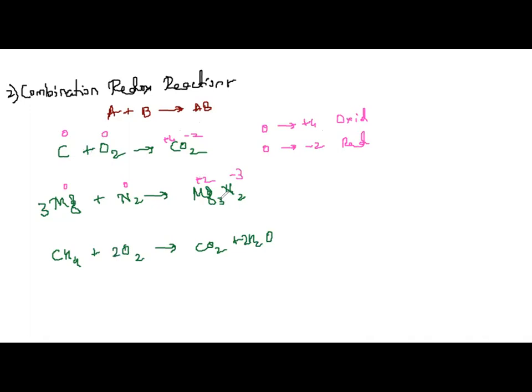See, plus 2 into 3 is plus 6, minus 6 goes to that side, minus 6 divided by 2 is minus 3. So zero oxidation state, magnesium is becoming plus 2. And zero oxidation state, nitrogen is becoming minus 3. So what is happening? Plus 2 means oxidation. Minus 3 means reduction, gain of electrons.